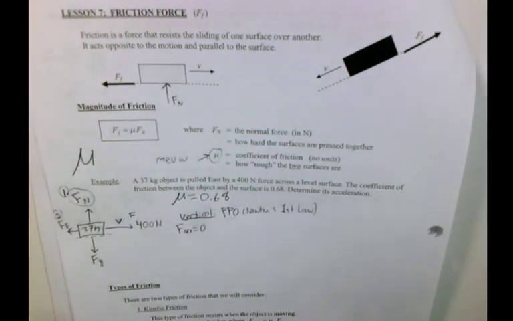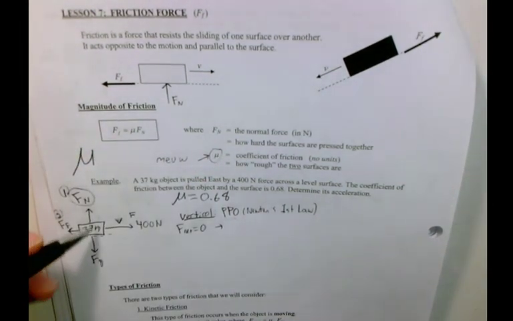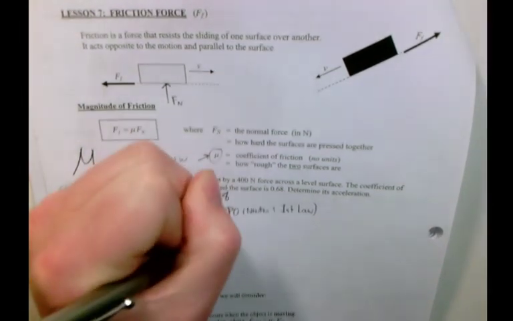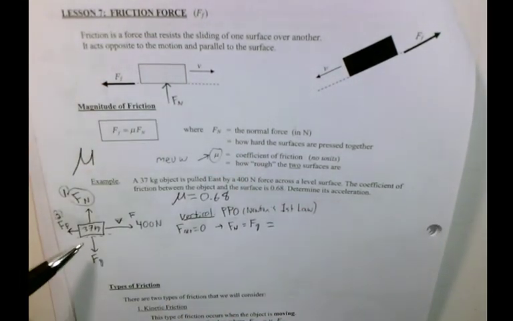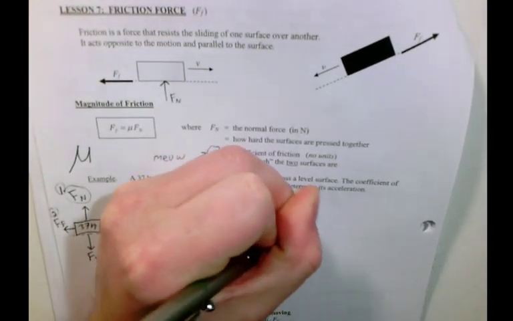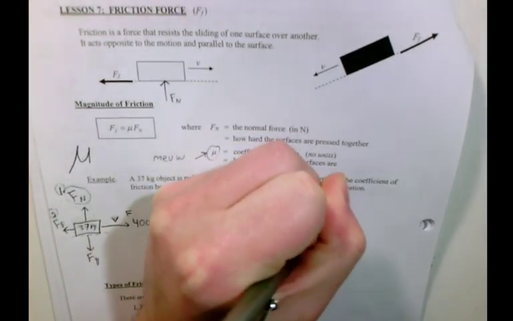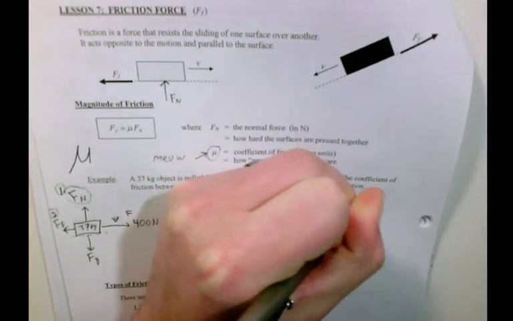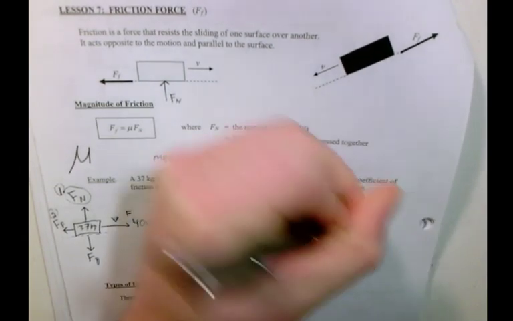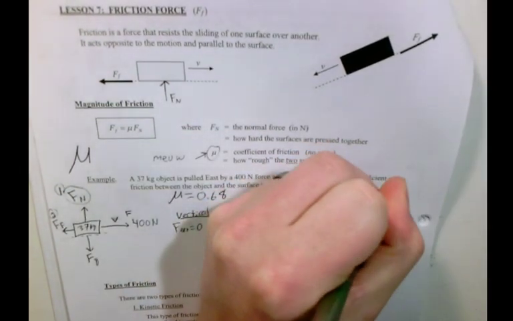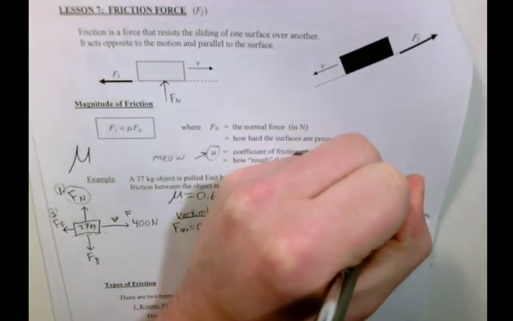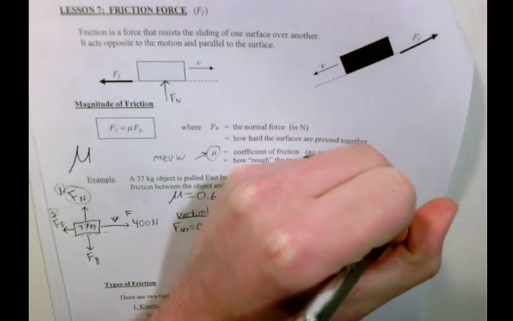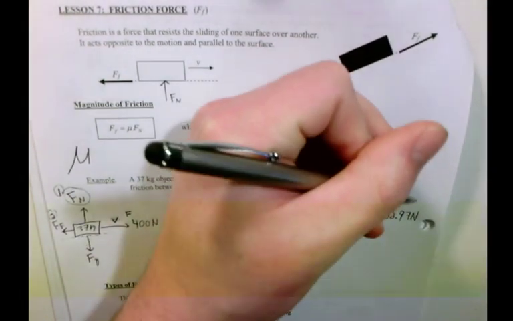So our principle of physics 0, Newton's first law, states that our F net must be 0 in the vertical direction, and from that we can determine that the normal force has to be equal to the gravitational force, which is going to be equal to our mass times acceleration due to gravity, which is 37 kilograms times 9.81 meters per second squared, giving us a normal force and a force of gravity of 362.97 newtons.